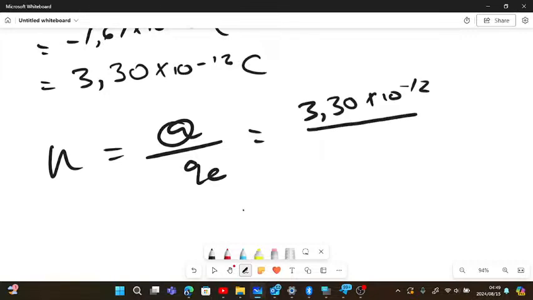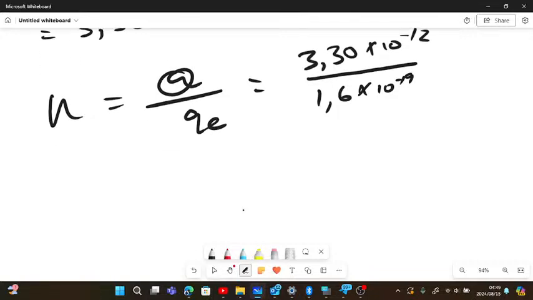divided by the charge of an electron. So for the charge of an electron I'm going to put 1.6 multiplied by 10 to the negative 19, and this will give me the number of electrons.